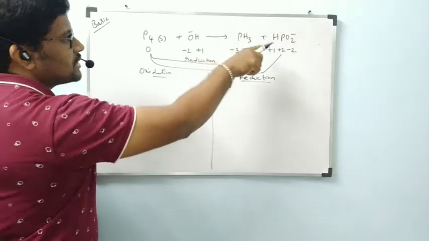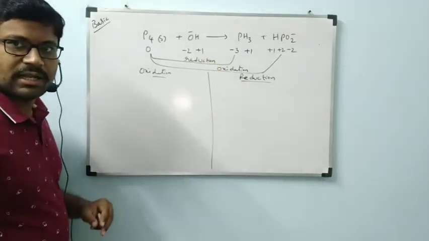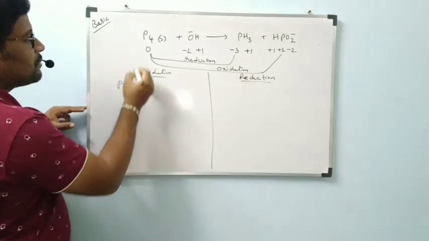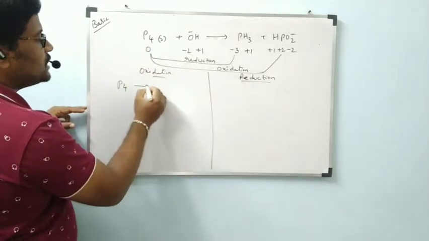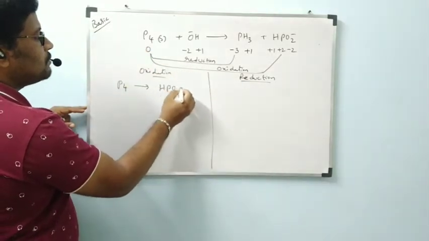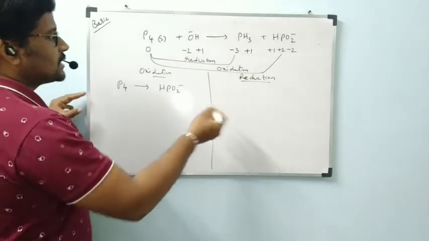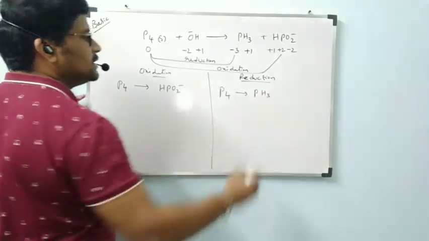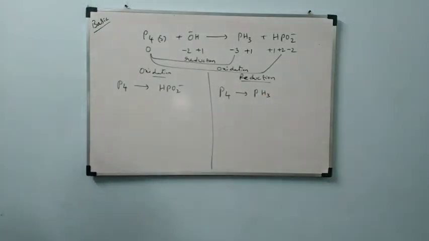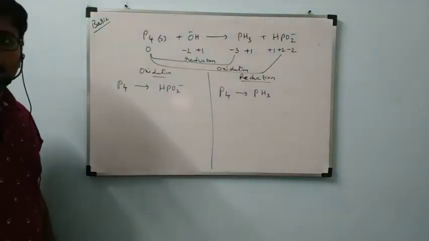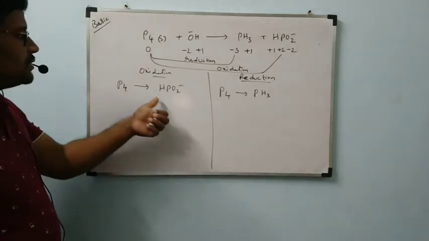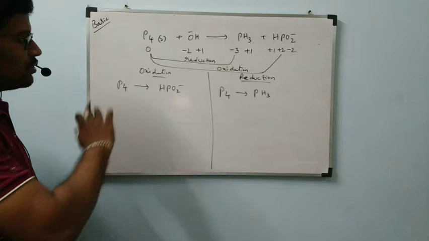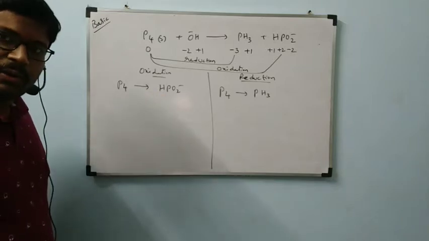These are all spectator ions, H and O. Then first oxidation: P4 is changed to HPO2 minus. Reduction: the same P4 is changed to PH3. Both I took. Finally we will add, no problem at all.